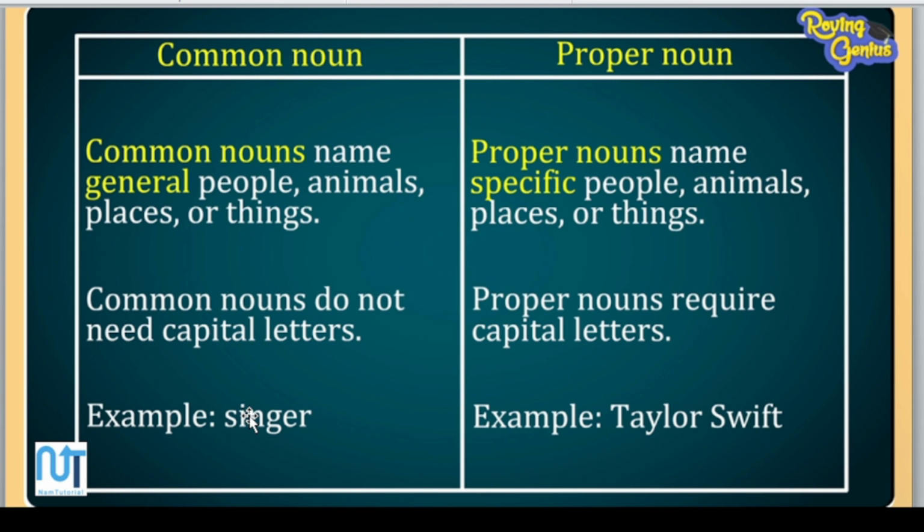Common nouns do not need capital letters. As you can see here, example singer, it can be any singer. Whereas proper nouns require capital letters. They are always written in capital letters. As you can see, T and S are capital.